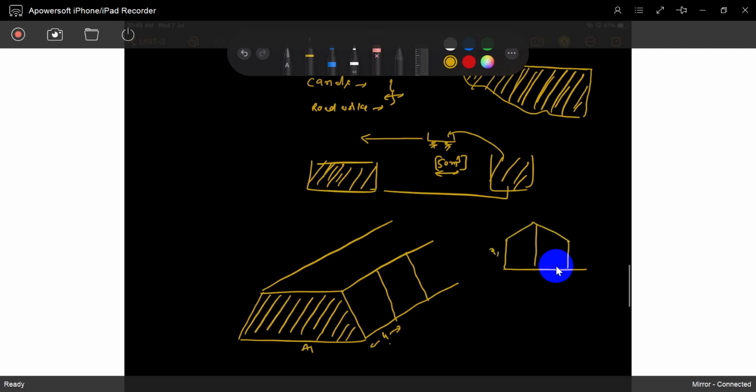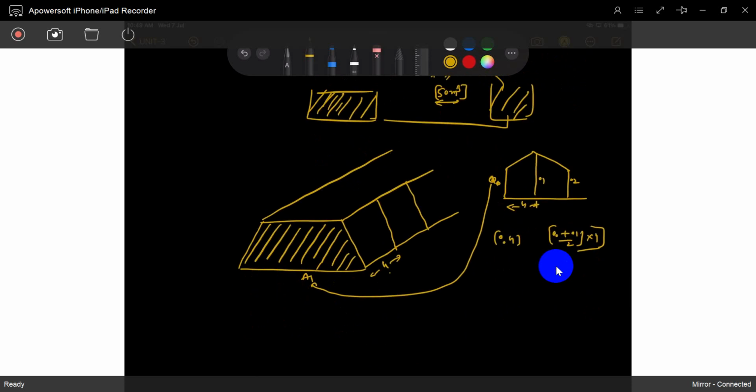This is x1, O0, O1, O2, and this is H. So the total area is not O1 into H. We will take O0 plus O1 by 2, multiplied with H. This is the average or trapezoidal method. Same thing we applied, but now O0 is replaced by A1. The remaining is all okay, so that is how we proceed.